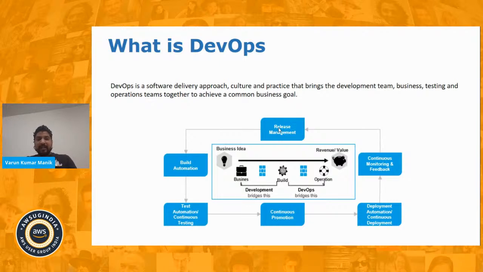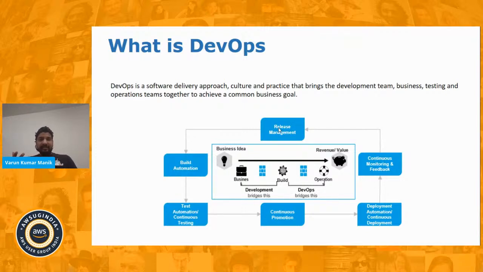Then we can do continuous promotion. Continuous promotion means, guys, we are promoting the same artifact that we create in development. The same development artifact should be tested, vulnerability testing and everything is done, and then that artifact is promoted to the staging environment.